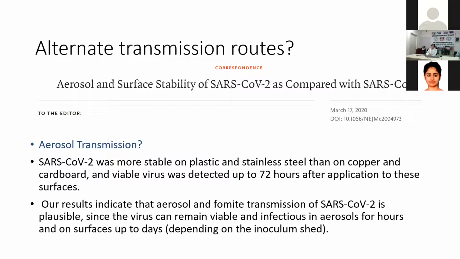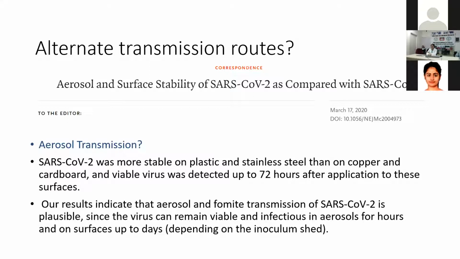An article published in NEJM gave an insight on the aerosol and surface stability of SARS-CoV-2 as compared to SARS-CoV-1. SARS-CoV-2 is similar to SARS-CoV-1 in a lot of aspects, but it was considered more stable on plastic and stainless steel than on copper and cardboard, and viable virus was detected up to 72 hours after application to these surfaces.